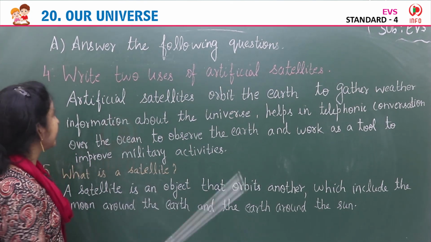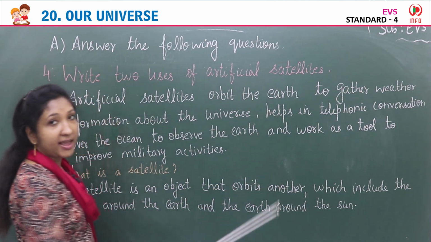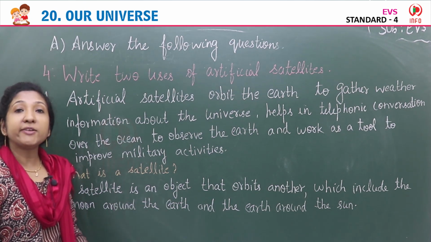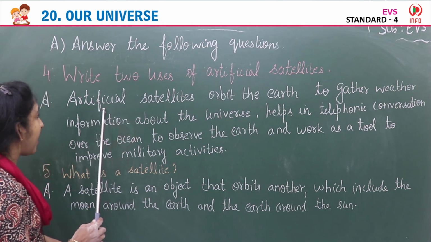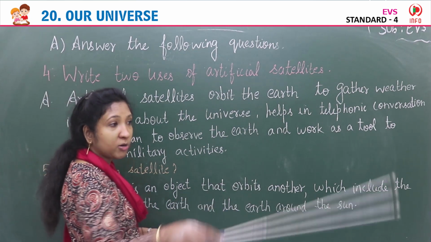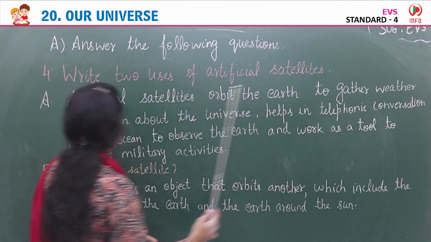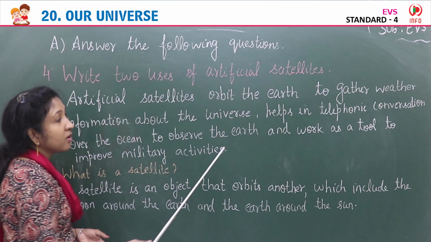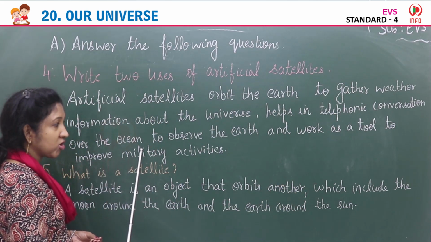Children, our next question, question 4. Write 2 uses of artificial satellites. You have to write any 2 uses of artificial satellites. Artificial satellites are helpful to us in many ways. Answer: artificial satellites orbit the earth. They revolve around the earth to gather weather information, to know about the universe, and help in telephonic conversation over the ocean.